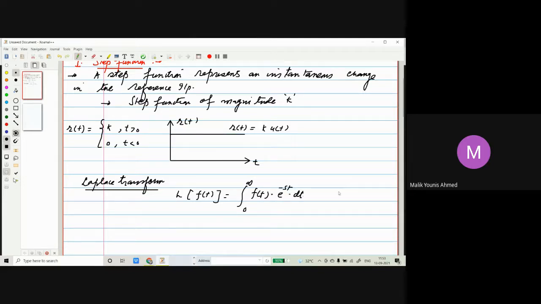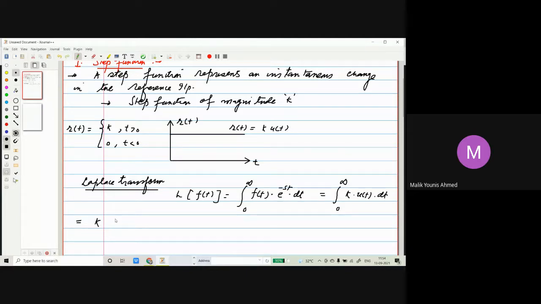Now f of t here is k u of t. Now k we will take outside. Let's take this u of t as 1, unit step.